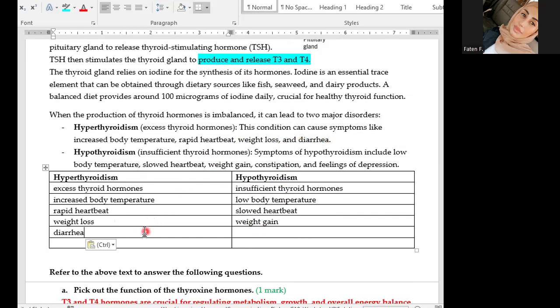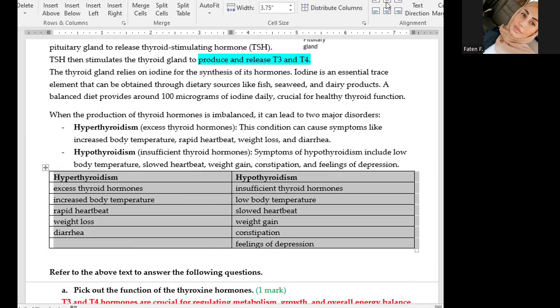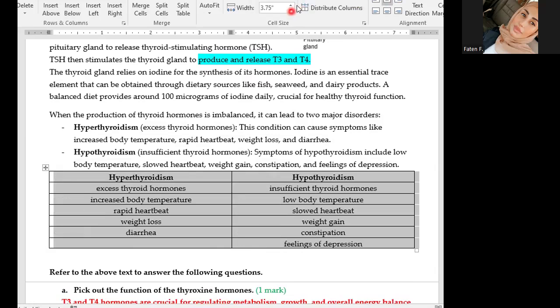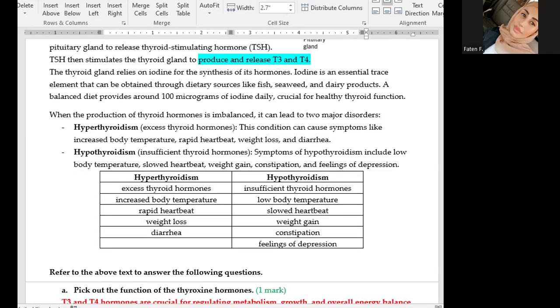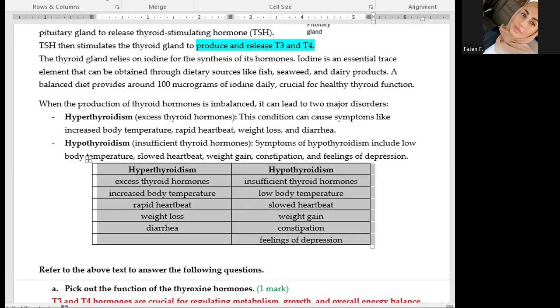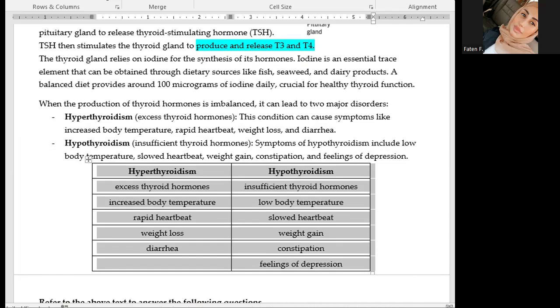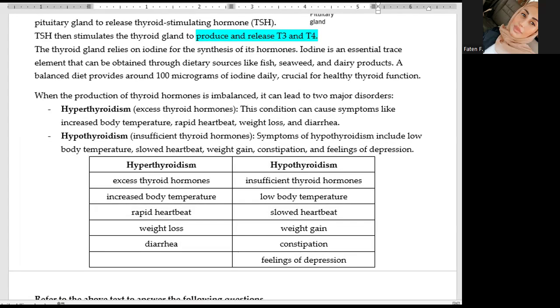Diarrhea is a symptom of hyperthyroidism. Constipation is a symptom of hypothyroidism. Also, feelings of depression are observed in case of hypothyroidism. Okay? So of course we still need to add a title for it.